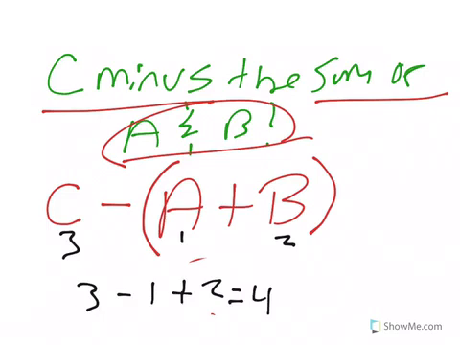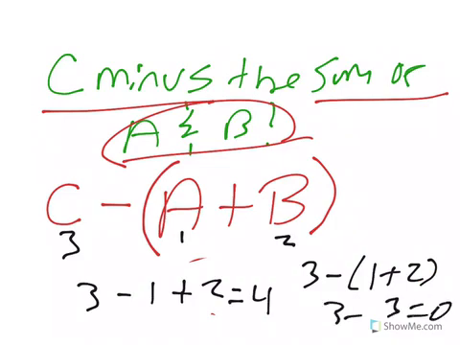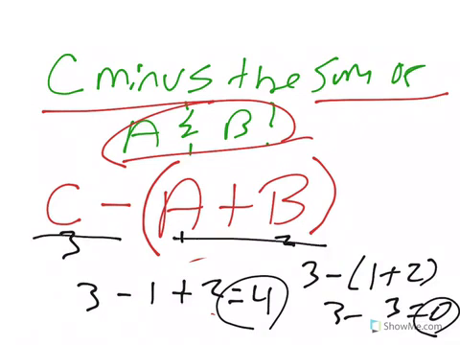If we do it with parentheses, we'd have 3 minus (1 plus 2). 1 plus 2 is 3. 3 minus 3 equals 0. So you see that the parentheses change the answer completely. And since we're taking c minus the sum, it wants you to add those first before you subtract. So you have to have the parentheses there.